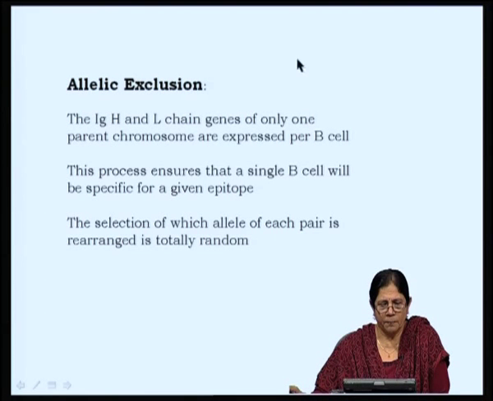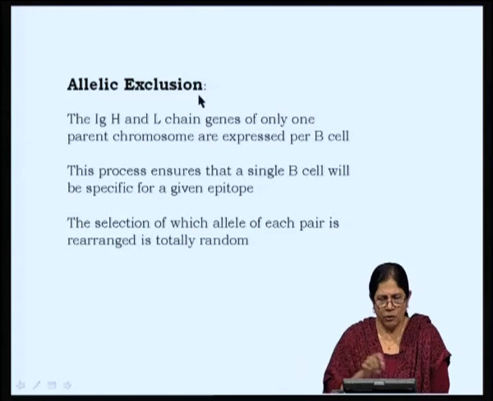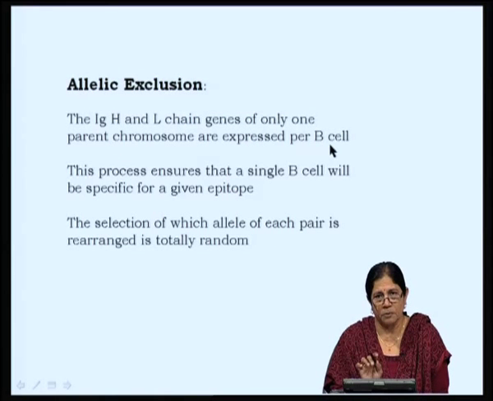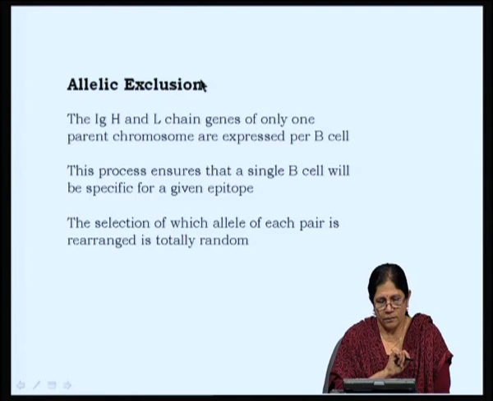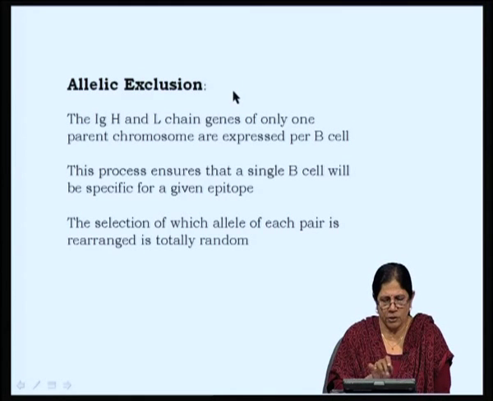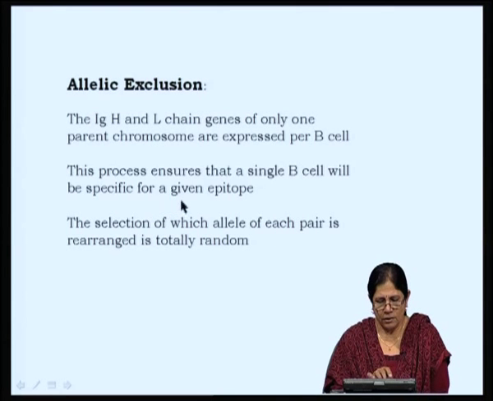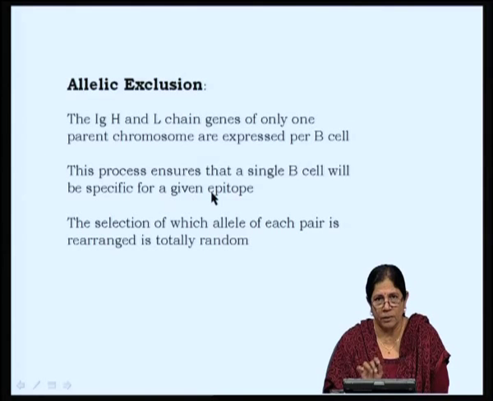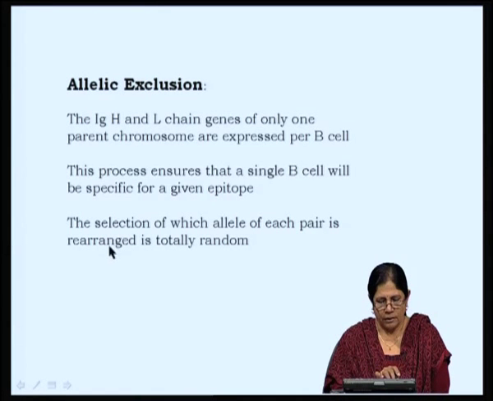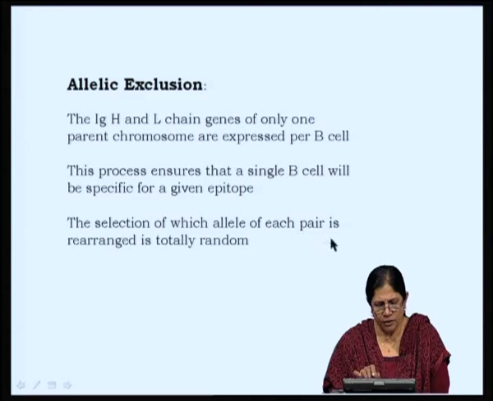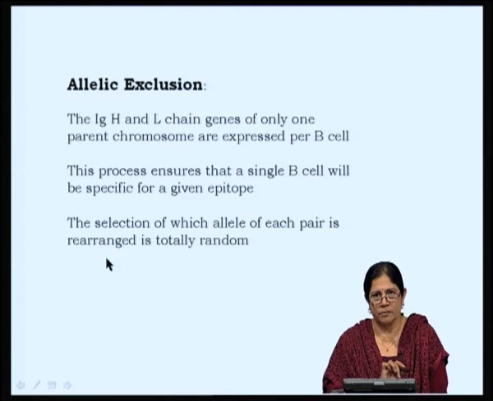It is known that the immunoglobulin heavy and light chain genes of only one parent's chromosomes are expressed per B cell. The other one is excluded. Now, allelic exclusion ensures that a single B chain will be specific for a given epitope. The selection of which allele of each pair is rearranged is totally random.